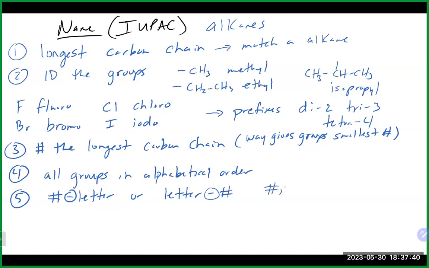If you have 2 numbers in a row, we put a comma between the 2 numbers. So for example, if you had 2 methyl groups, you would call it dimethyl. And again, it doesn't have to be on the same carbon. It could be anywhere in the compound, 2 of the same groups. You would include those prefixes. Any questions on that?